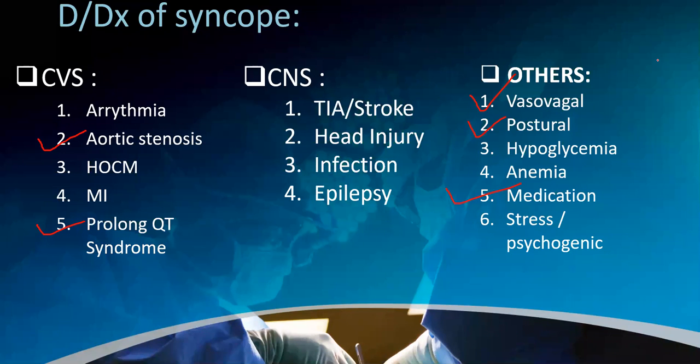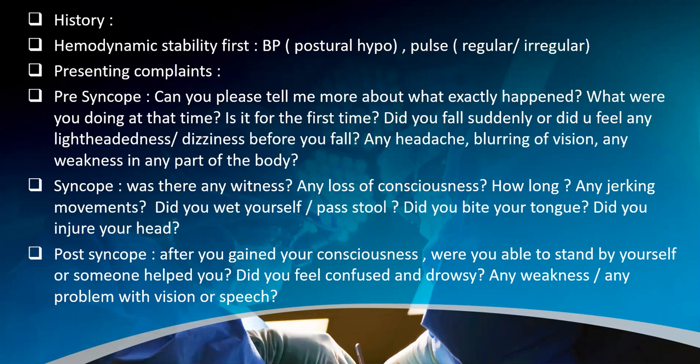Now, for each of these differential diagnoses, we have to ask at least one or two questions to rule out the differential diagnosis. Now let's move into the history and then we will go through all those cases.